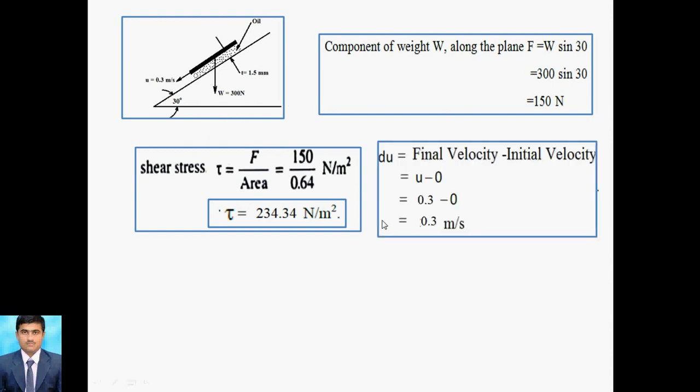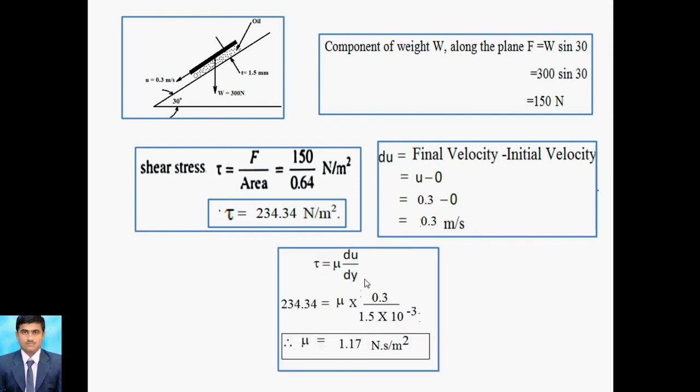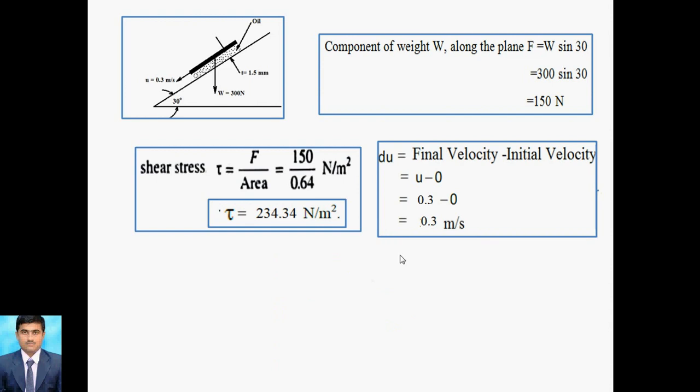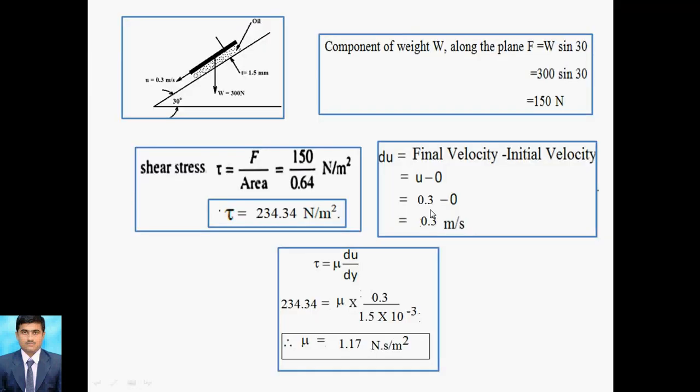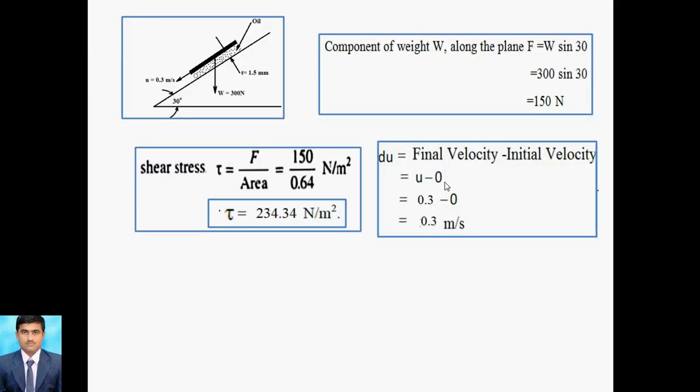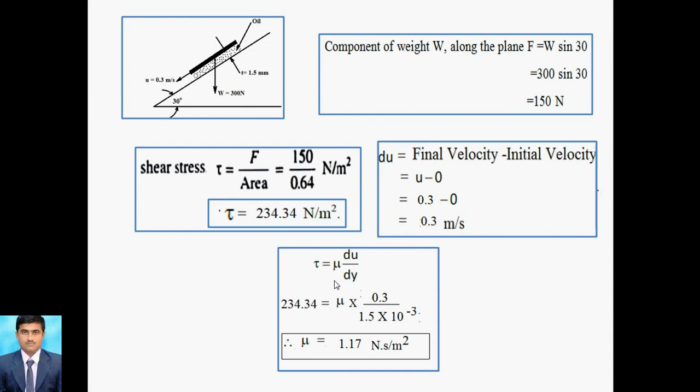Now we move to the change in velocity, because we have to find the value of mu. We know that du means final velocity minus initial velocity. Here we get the value of tau, and then to find mu we only put the values, dy is 1.5 into 10 to the minus 3, and after calculation mu is equal to 1.17.